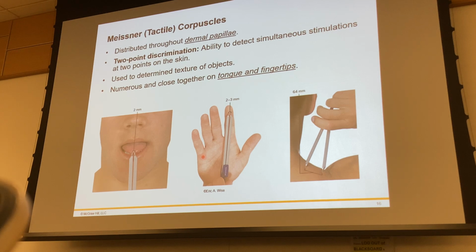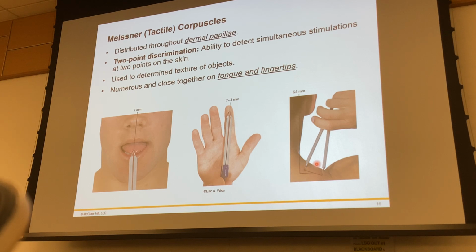Two-point discrimination is the ability to determine pressure or some other type of sensory stimulus simultaneously, depending on how far apart they are. On the back, this is the person on the right-hand side.